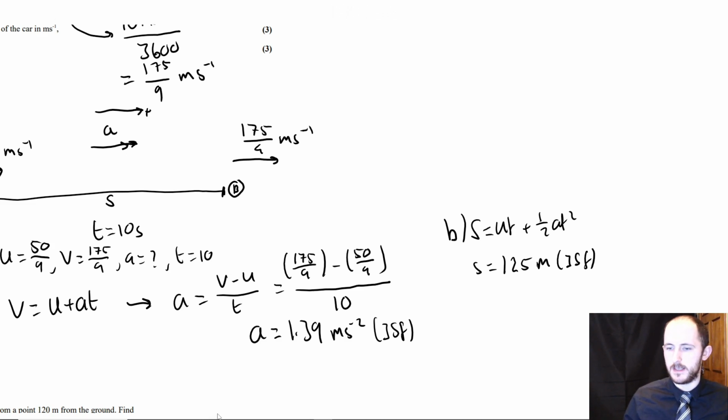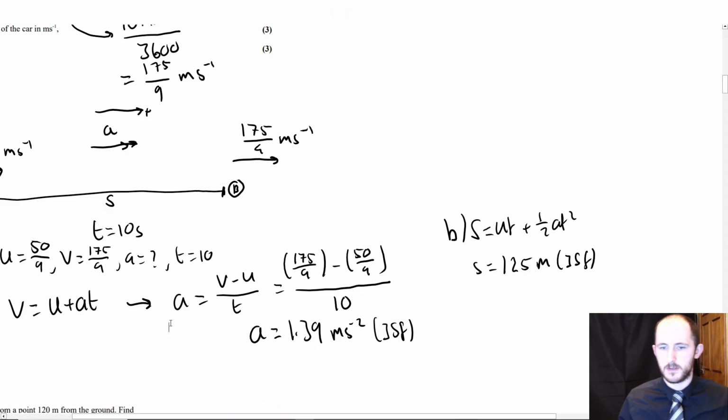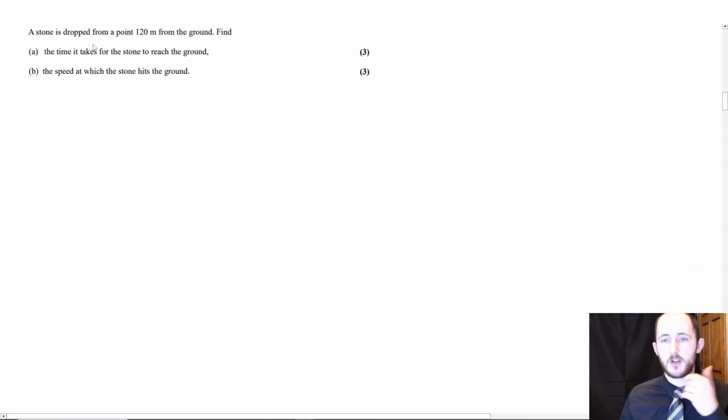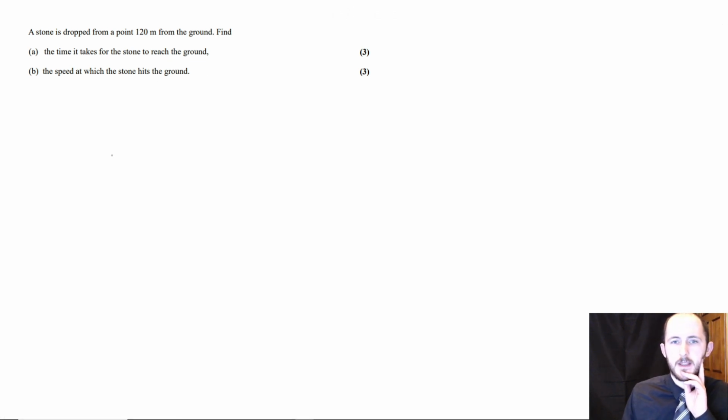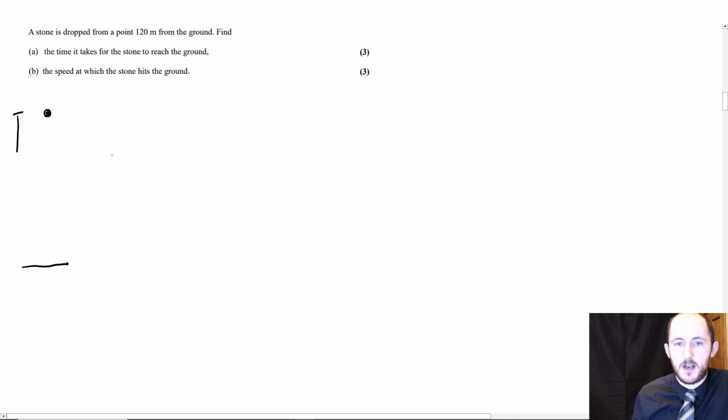So if we keep going to the next one now, we have: the stone is dropped from a point 120 meters from the ground, so we can assume it's above the ground. Find the time it takes for the stone to reach the ground. With these questions, this is called free fall, and it's actually pretty blessed. When something is dropped, the only thing you actually need to know is the height.